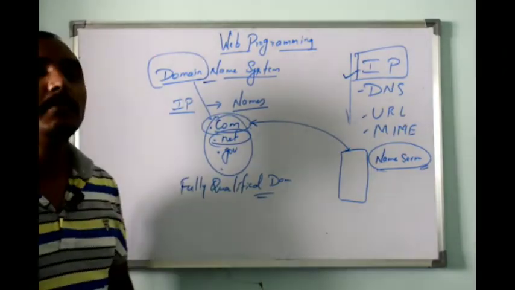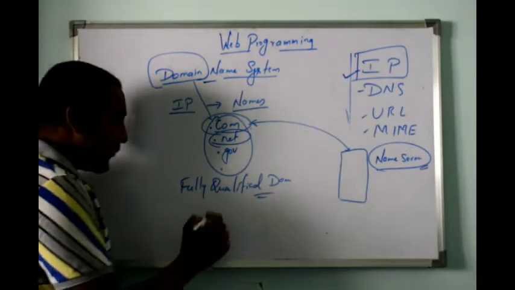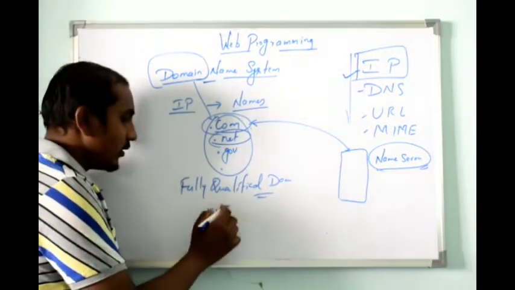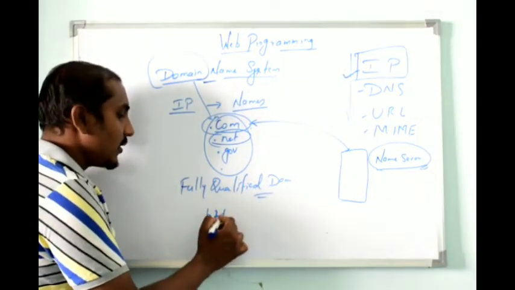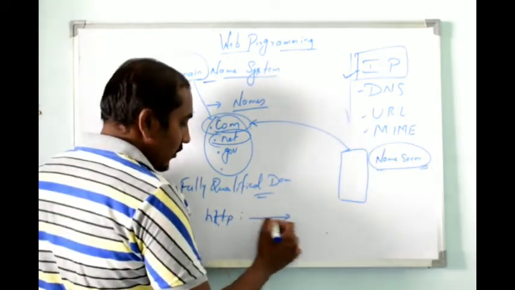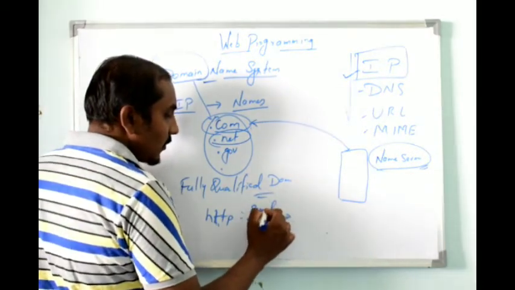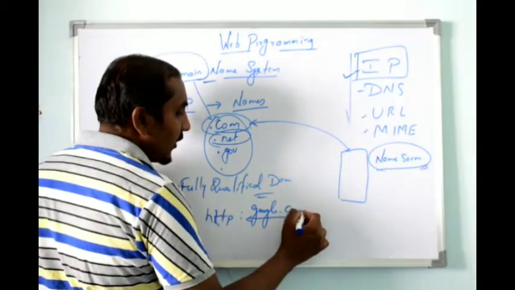It will contain complete details, in the sense of what type of protocol you are using, HTTP, what the name of the website is, suppose Google, and you have .com, which is the domain.